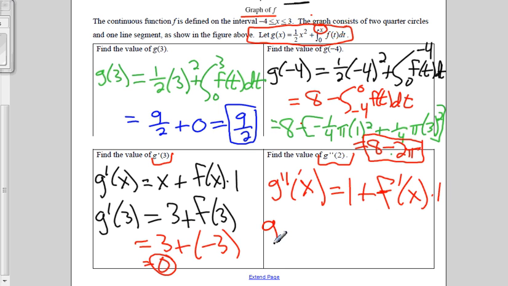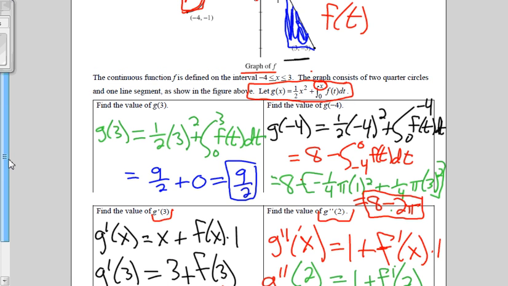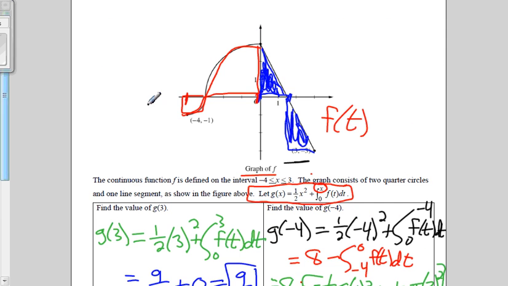So now let's do the second derivative of g at 2. The 1 stays 1 plus f prime of 2. So the 1 is a constant, but we're trying to find the slope of the tangent line at 2. This is a segment.